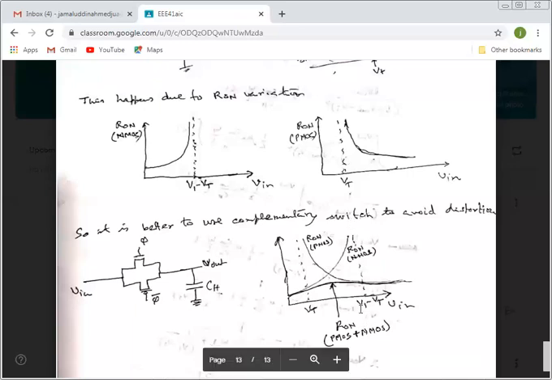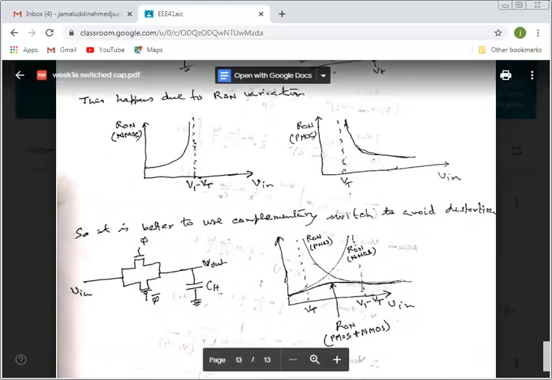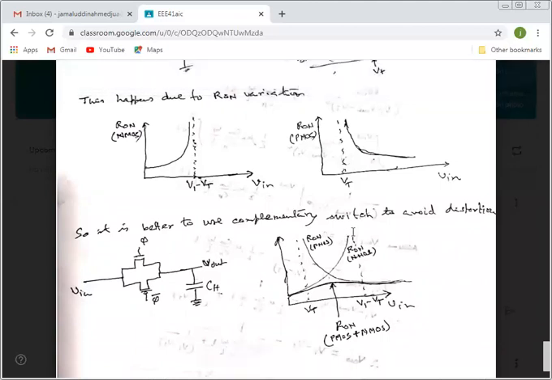So the NMOS can transfer up to V1 minus VT, but the PMOS will transfer further. So we can go beyond V1 minus VT, because the combined resistance is way below the NMOS resistance. Here NMOS resistance is so high that it cannot go more than V1 minus VT.